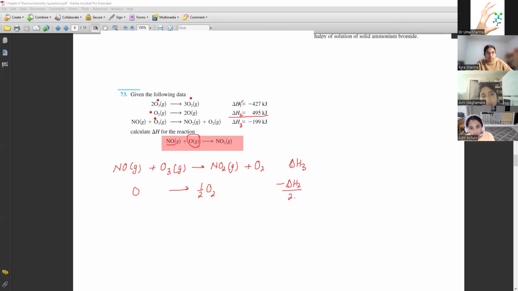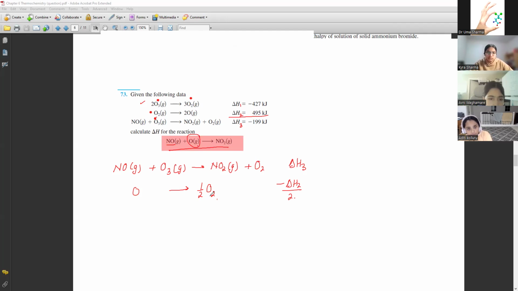Now I'm left with equation 1. I have to take care of this O3, because O2 is not part of the final reaction. So how should I take equation 1?